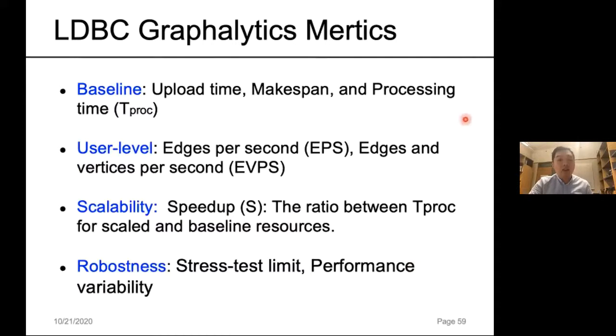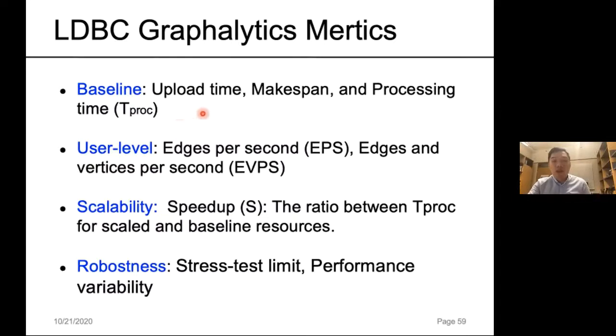And the LDBC Graphalytics has defined a number of metrics, including 4 types. The first is the baseline metrics, including the upload time, makespan, and the processing time, tproc.